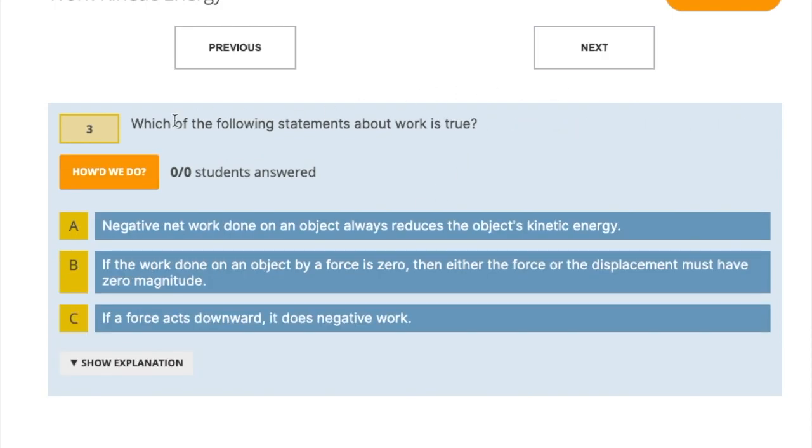All right, next one. Which of the following statements about work is true? A: Negative net work done on an object always reduces the object's kinetic energy. B: If the net work done on an object by a force is 0, then either the force or the displacement must have a 0 magnitude. C: If a force acts downward, it does negative work.